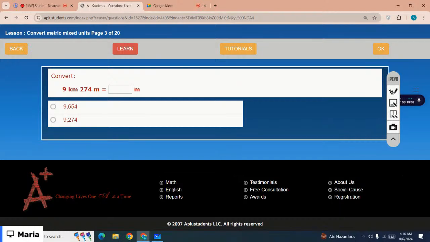9 kilometers, 270 meters. So which is the correct option?